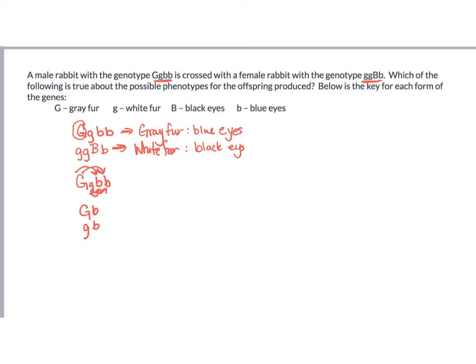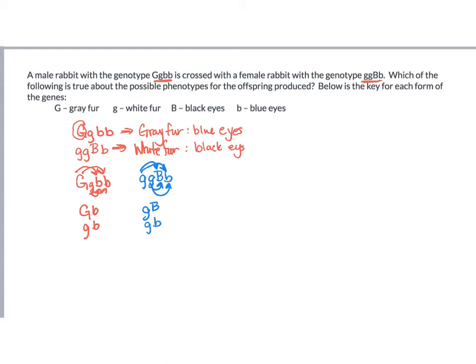If we look at the other parent, we have little g, big B, little b. And so we have this combination, right? And this combination, little g, big B, little g, little b. So again, we have two possible combinations.